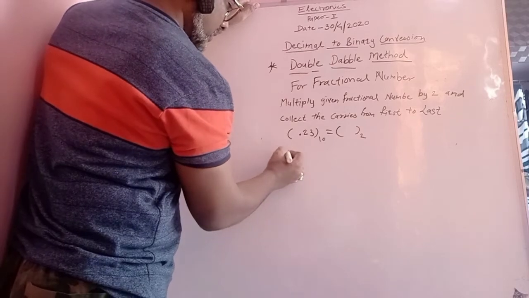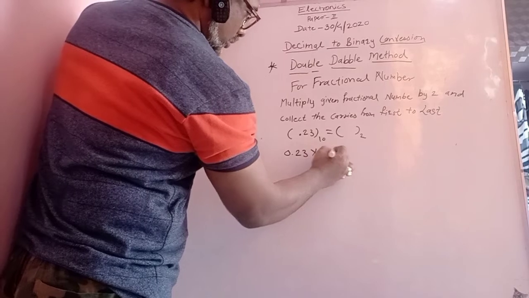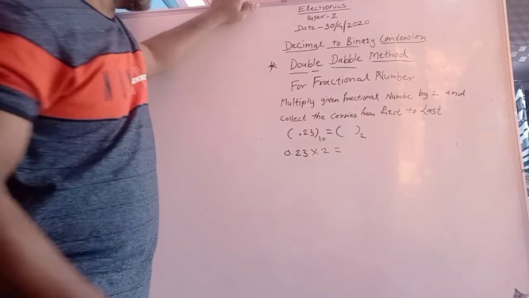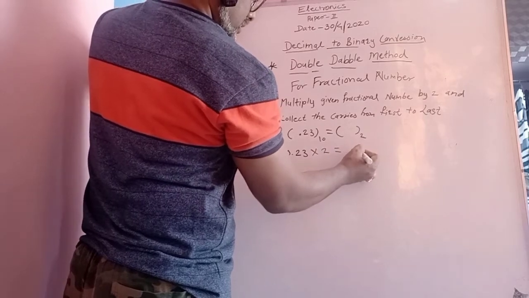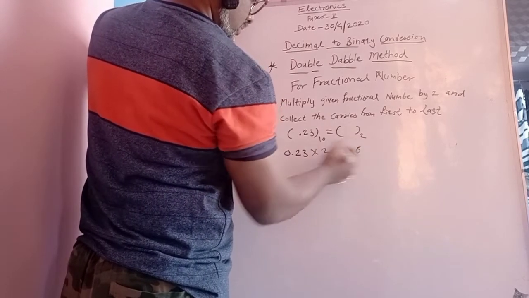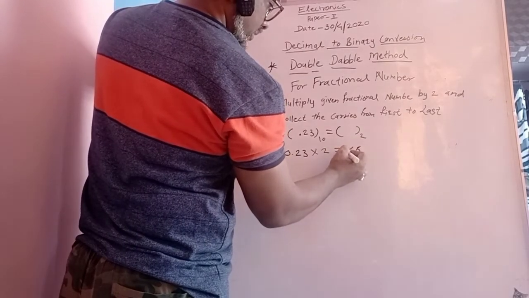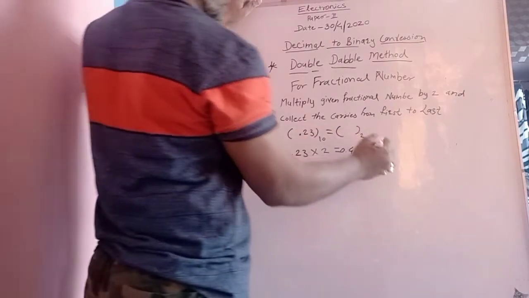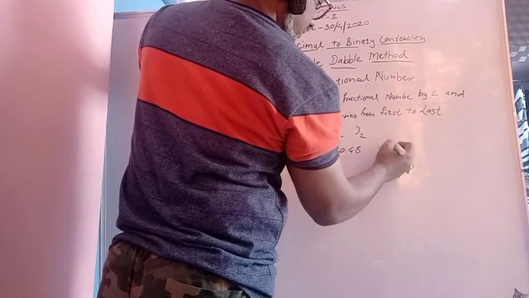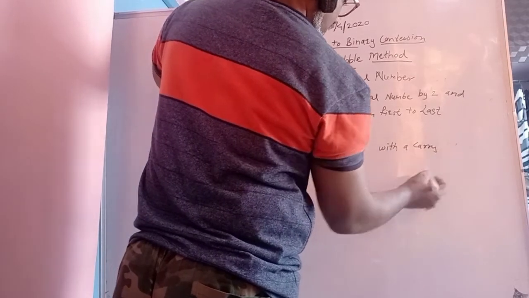So you need to multiply by 2. Now how does it become? 2 times 3 is 6, 2 times 2 is 4. So there is no carry. It becomes 0.46 with a carry 0.